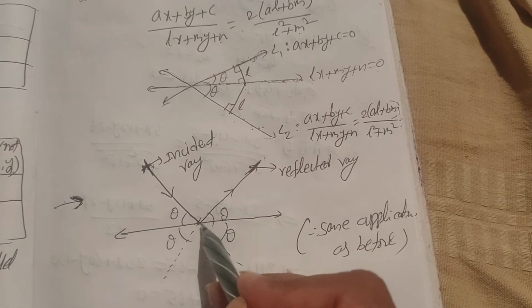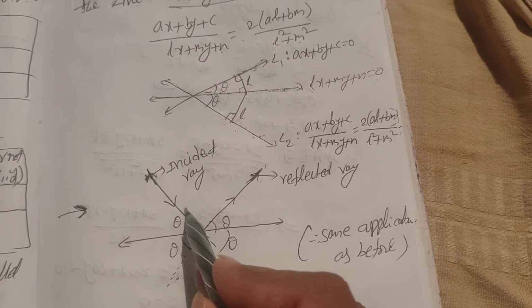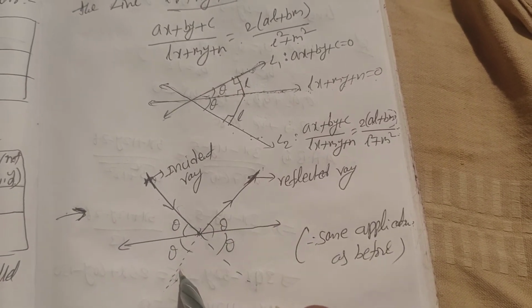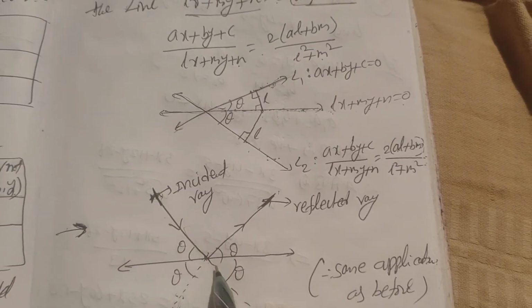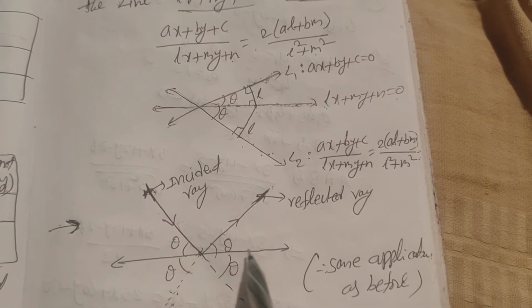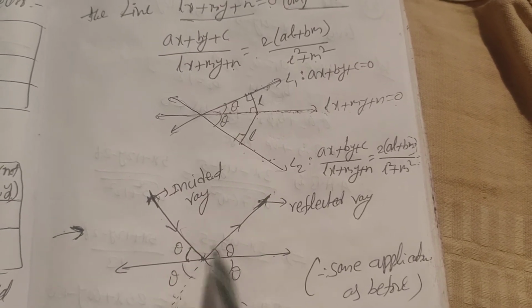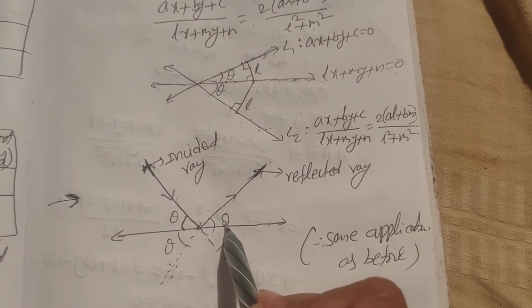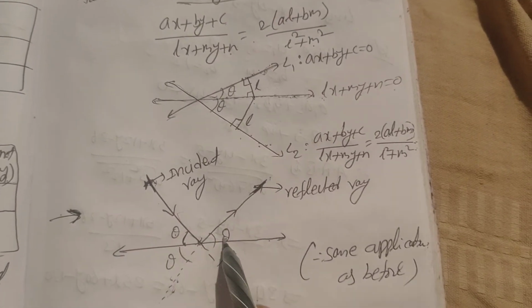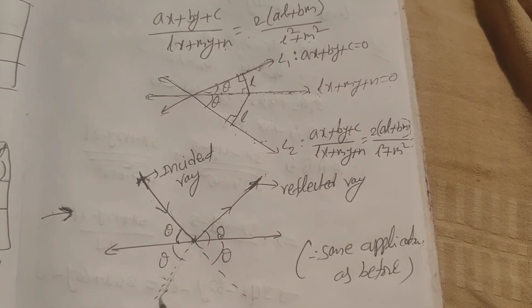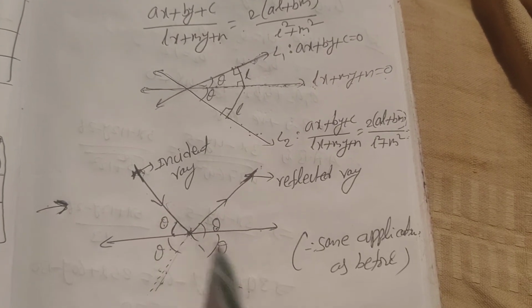For this one, this is the expansion. These two are intersecting lines. This is the incident ray, this is the reflected ray. For this mirror surface, this is angle theta, then this is also angle theta, we know very well, all of you know in physics. If you expand this one, this is also theta, this is also theta.